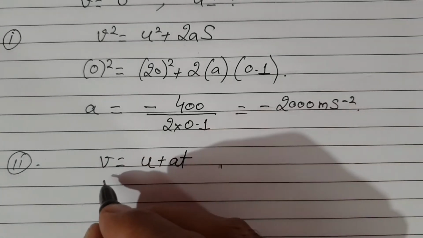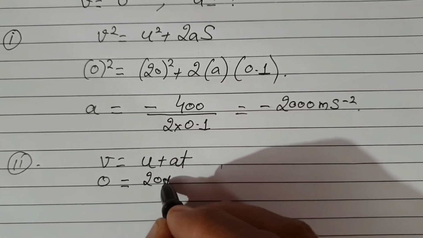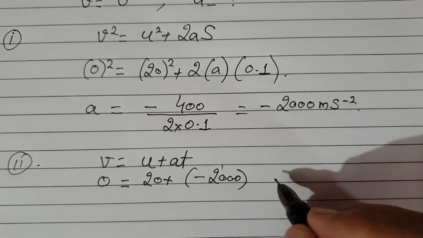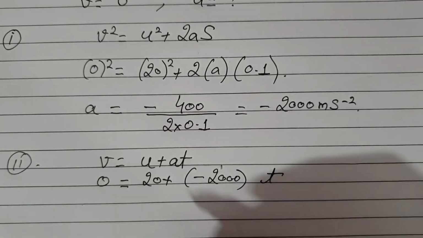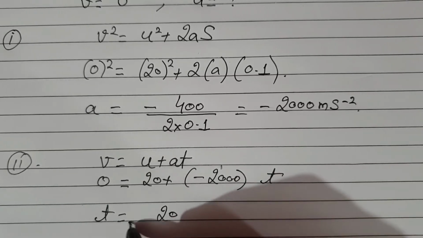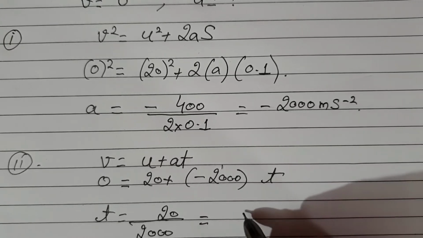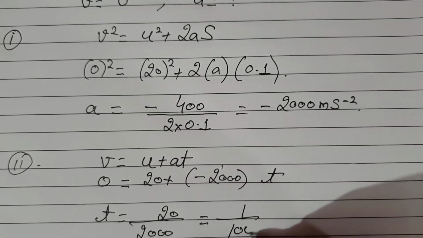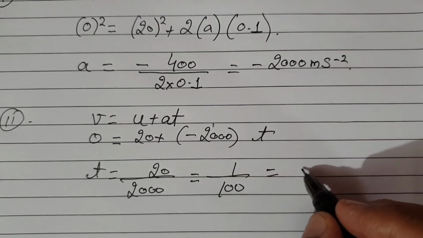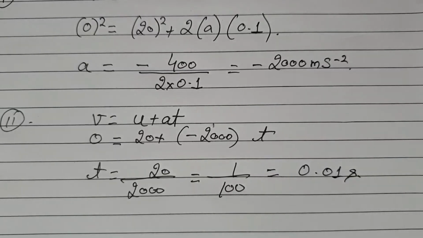Now substituting the values, v is 0, u is how much? 20, plus this is minus 2000, and this is into t. So that time comes out to be 20 by 2000, which is 1 by 100, which is 0.01 second. This is the time interval of the impact.